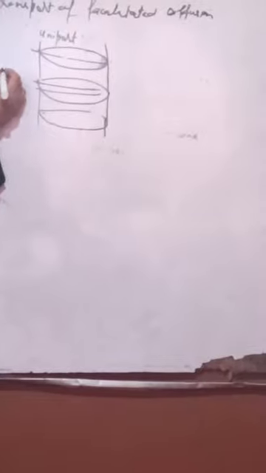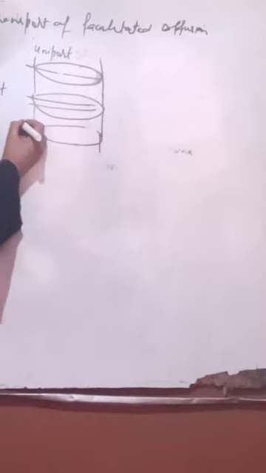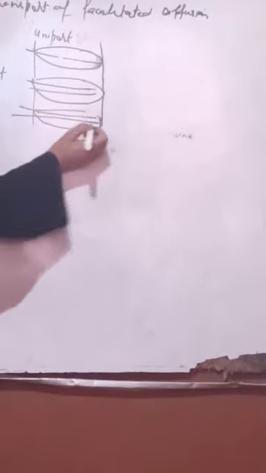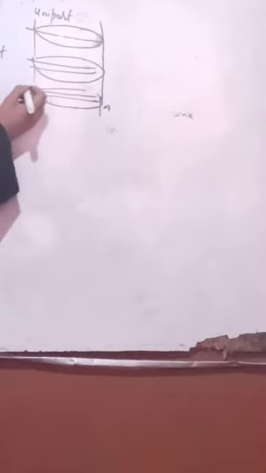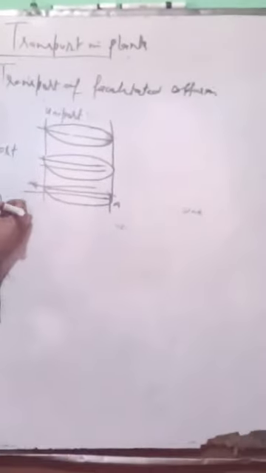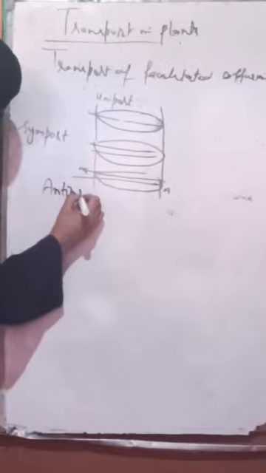It is called symport. And when there are two molecules in opposite directions, for example, A is going here and B is going there, their direction is opposite. These are called antiport. If any two molecules move in opposite directions, it is called antiport.